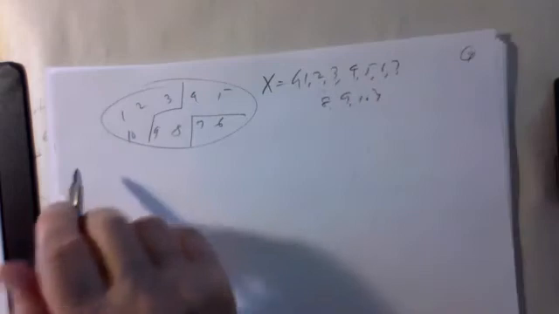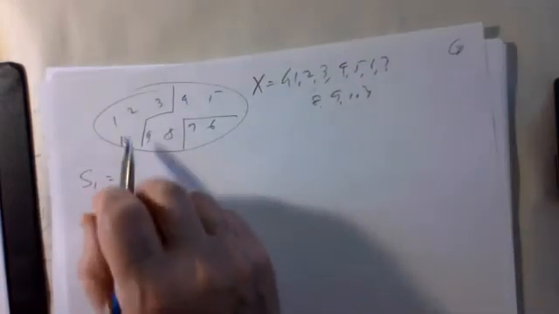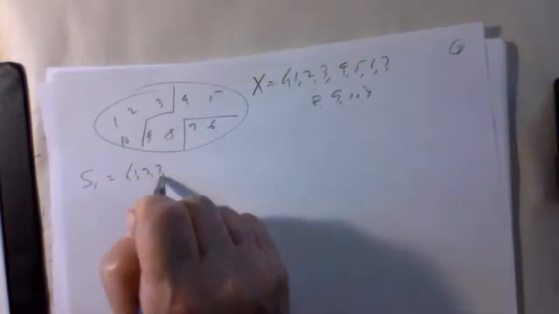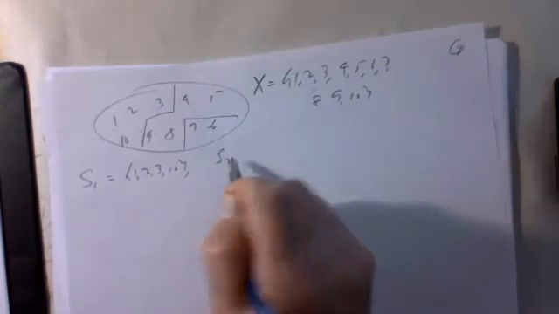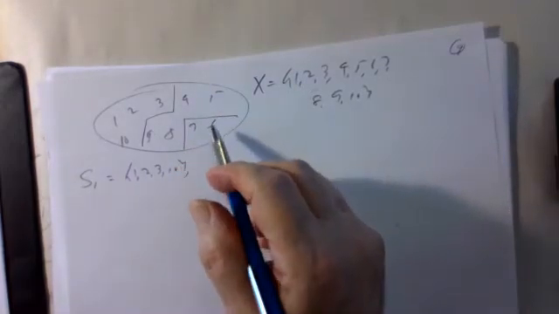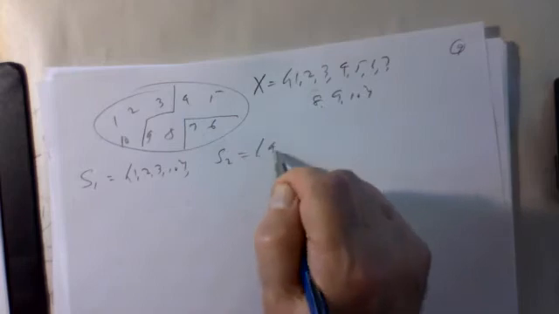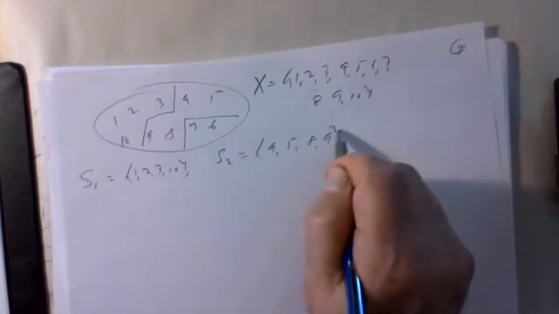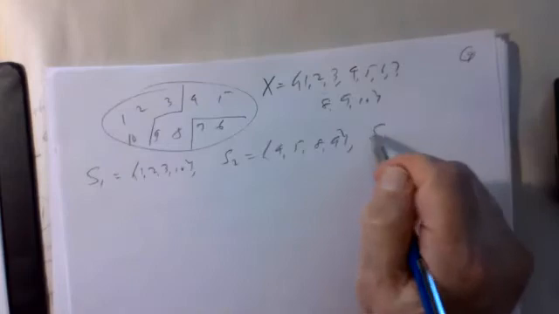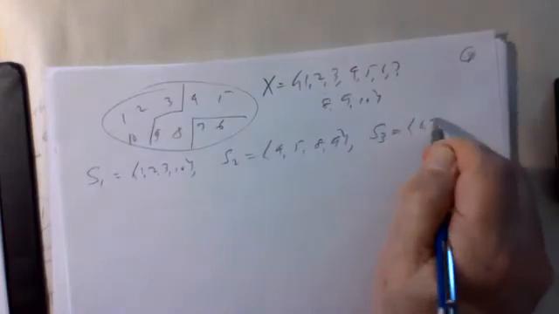So let's say that S1 is the set 1, 2, 3, and 10. S2 is the set 4, 5, 8, and 9. And S3 is the set 6 and 7.